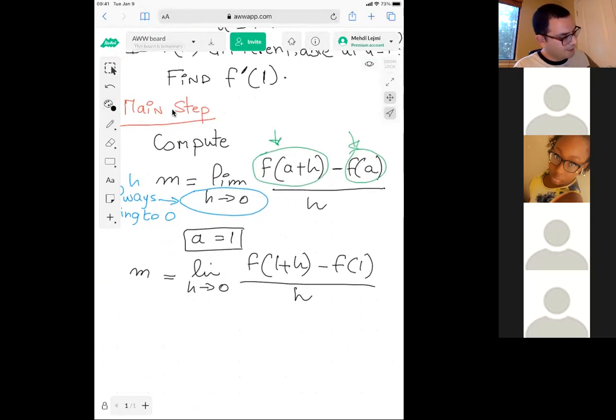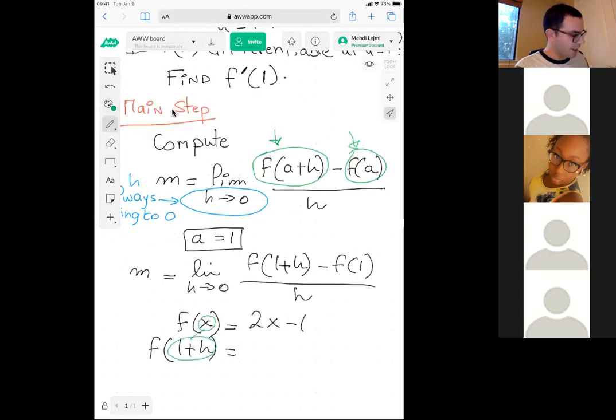Now let's compute this f of 1 plus h. f of x is given in the problem: it's 2x minus 1. So all you have to do, guys, is replace your x by 1 plus h. So x becomes 1 plus h. You can think of the parentheses like this: f of 1 plus h equals 2 times (1 plus h) minus 1.